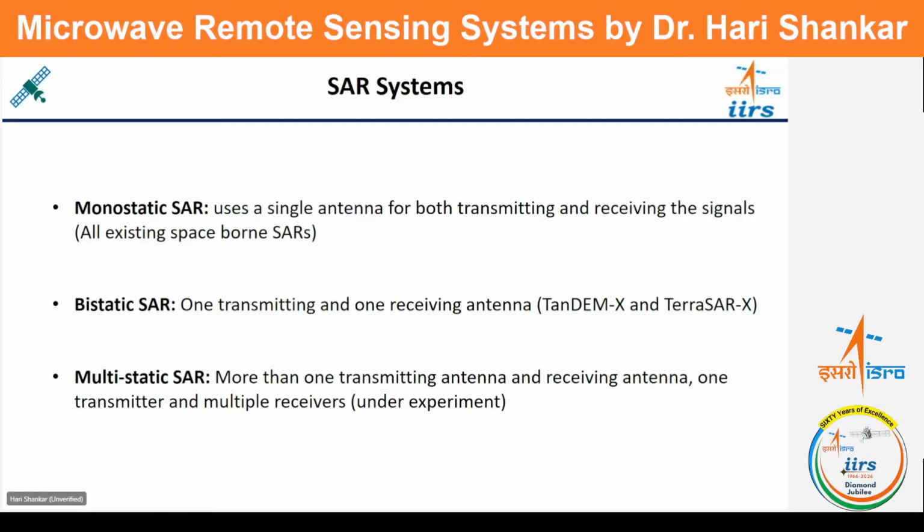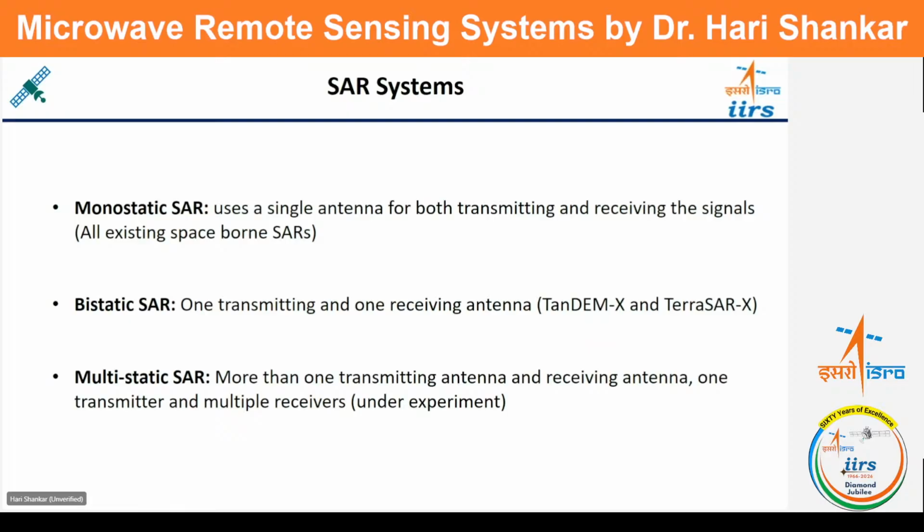Monostatic means they have only a single antenna, and the same antenna is used for the transmission of signals as well as the reception of signals. With a single antenna, both cannot be done simultaneously. So at some instance the antenna is transmitting the signal, and at the next instance it is not transmitting, it is only receiving the signals.